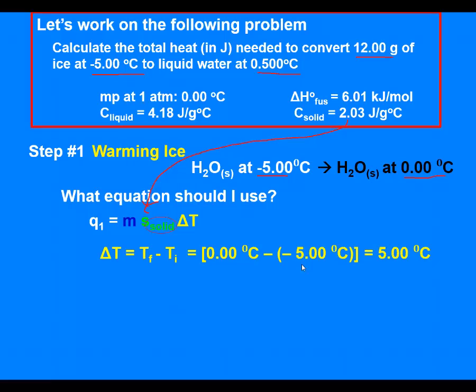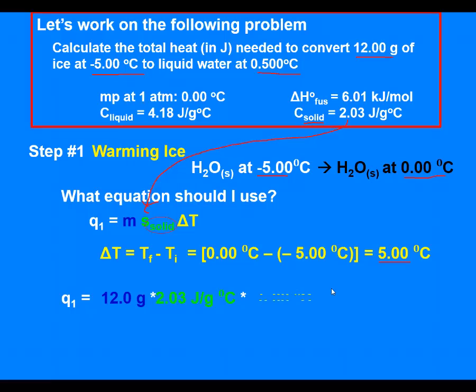We notice that we should get a positive value here for delta T because the ice is heated up 5 degrees Celsius. So my heat energy change here would be equal to the 12 grams of the sample for the mass, color-coded here for your convenience. I took the specific heat, and I made sure it was for solid H2O since that's the state of matter I'm dealing with. The specific heat for ice is 2.03 joules per gram degree Celsius.